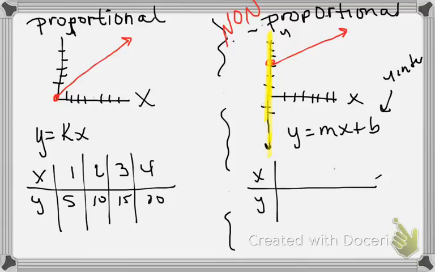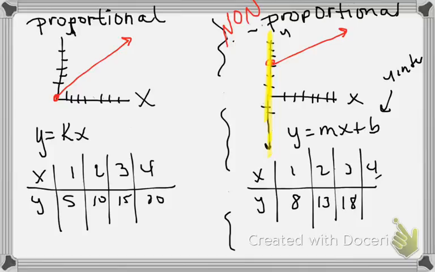In this case, I'm going to say 1, 2, 3, 4, and I'm going to say, let's see, 8, 13, 18, and 23.